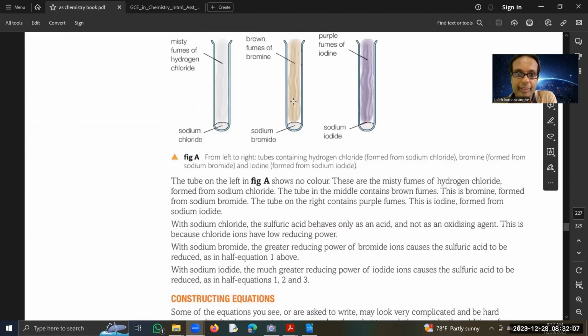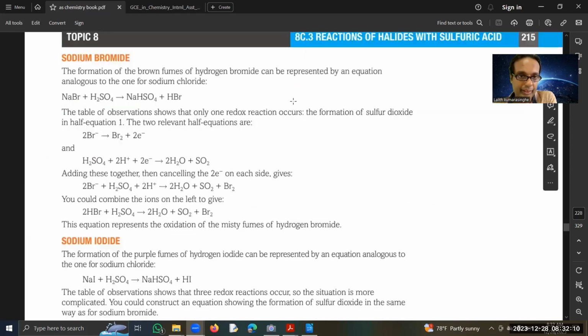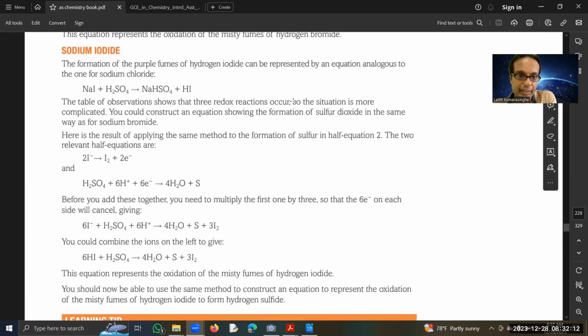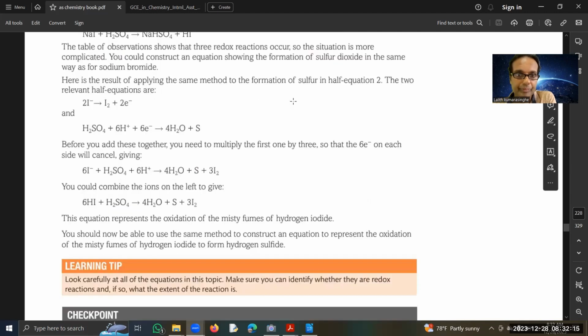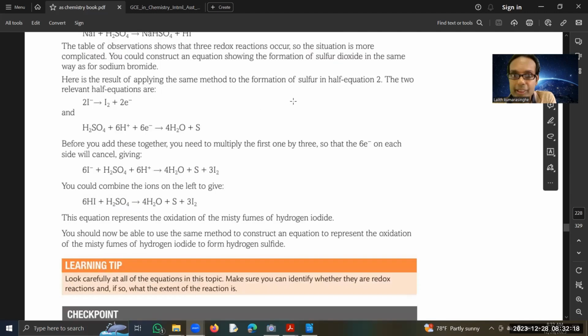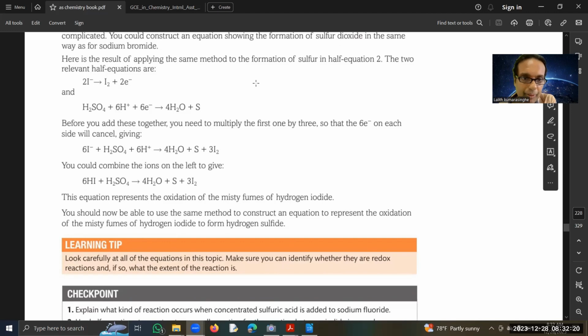The book does not have it. Sulfur is there, sulfur dioxide is there, H2S is not there. You should be able to use the same method to construct the equation. I'll take iodine and construct all three, and bromine will only produce sulfur dioxide.